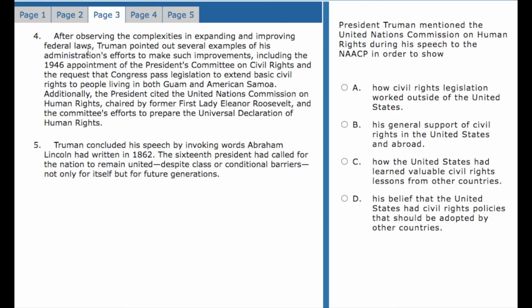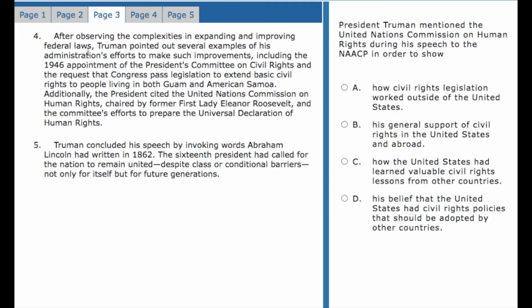But he's not mentioning the United Nations Committee to show anything about how civil rights work outside of the United States. He's just saying that he wants those people to have certain civil rights. All right, so A would probably be out. I'd cut that out right away.